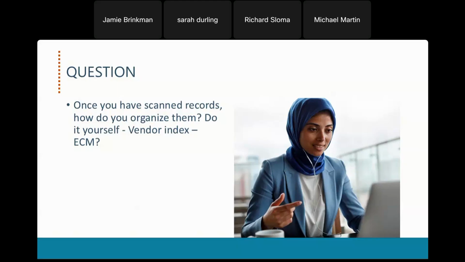Oh, for sure. I also would suggest paying attention to your folder structure too, whether it's on your local network or in a content management system, because that'll help if you go and retire in Aruba, like Sarah says, people are still going to need to find those records.